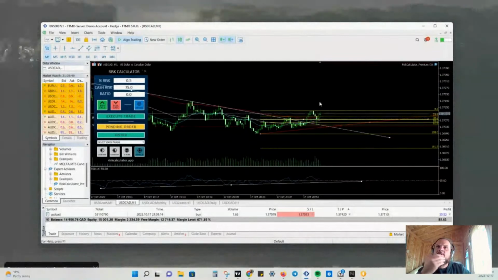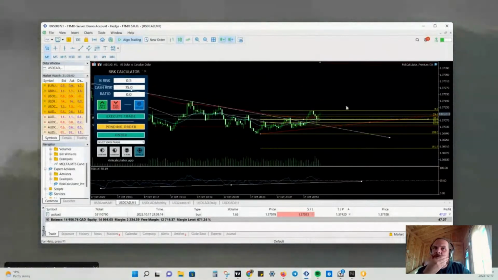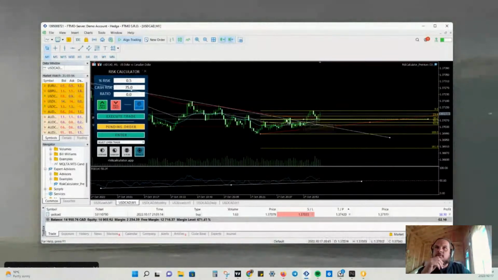See if we can push up above this. That's key. Definitely need to move above this. You know, we now have a higher low. We need a higher high.